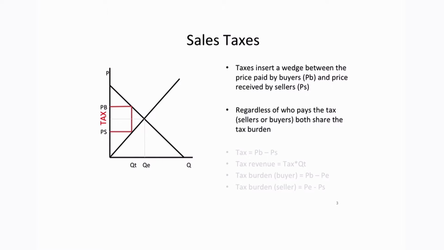When we look at a tax, the tax is going to be the difference between the price paid by the buyer, PB, the price for the buyer, and PS, the price for the seller.